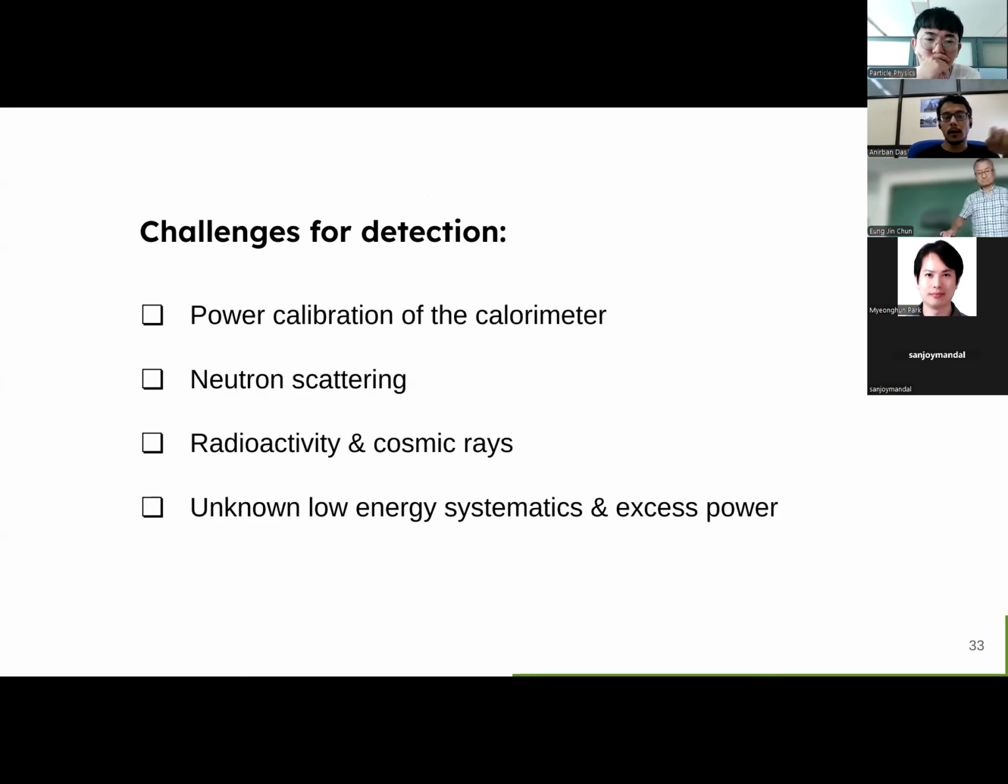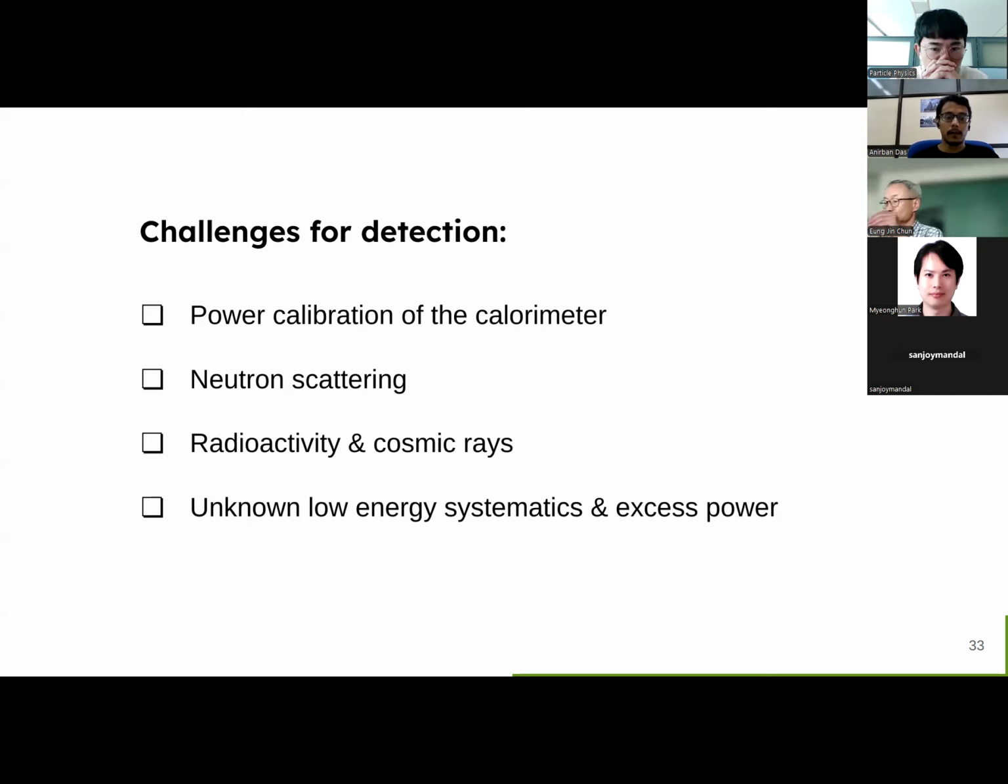Because it's not a recoil, you have to isolate the power coming from the dark matter from all the other background sources, and there are always backgrounds. That's more challenging than doing a recoil experiment. So that's the main downside of the power deposition technique.